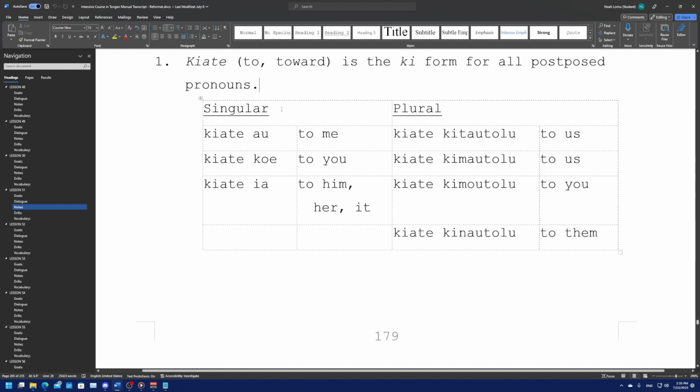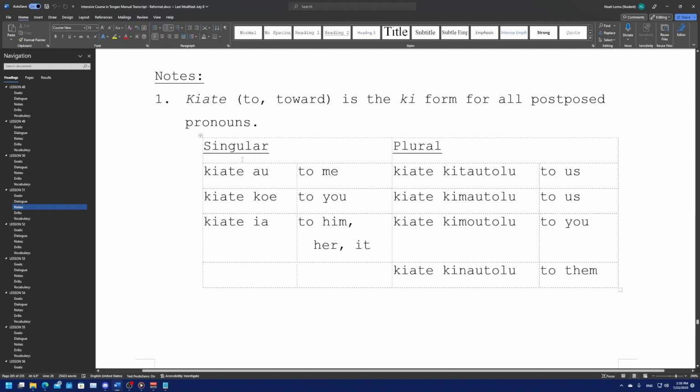So kiate is for post pronouns. People don't always use this. In informal conversation, this is usually reduced to kia, and a lot of the time the ki in front of these post pronouns is dropped.